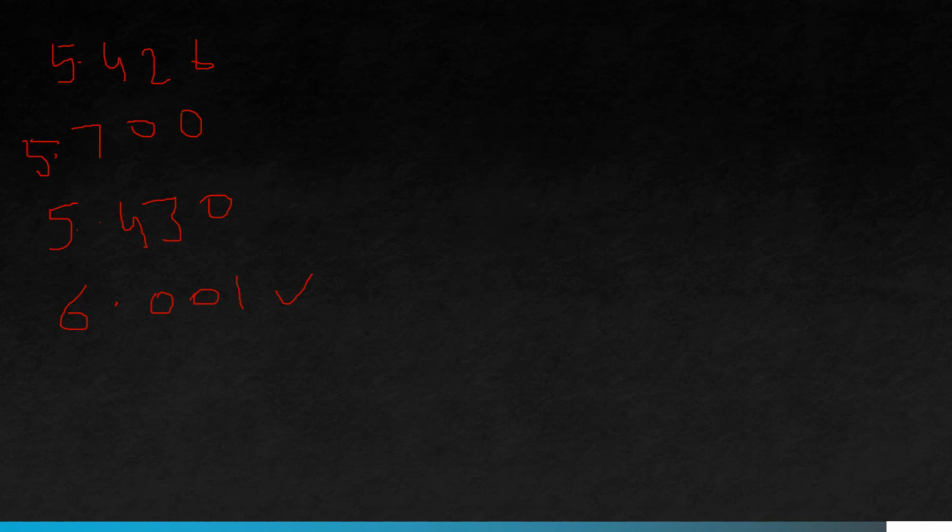Now, among the 5s, 5.426 has the lowest digits after the decimal. 4 and 4 are equal, now 2 and 3, 3 is greater, so 5.426 is lesser.